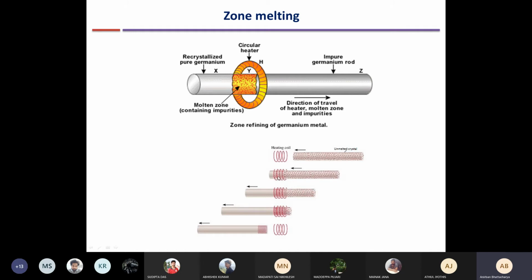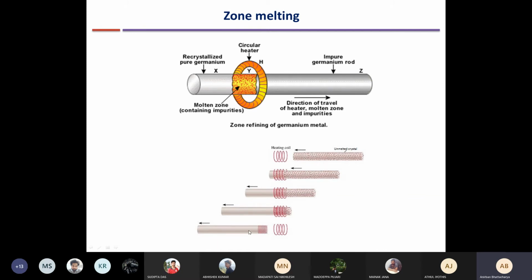So the liquid concentration keeps on increasing, and the solid concentration also increases, but not much. Ultimately, when you pass the entire material, after one pass most of the impurities get accumulated in the last region that solidifies. There will be some impurities left in the solid due to partitioning, say 10% amount.